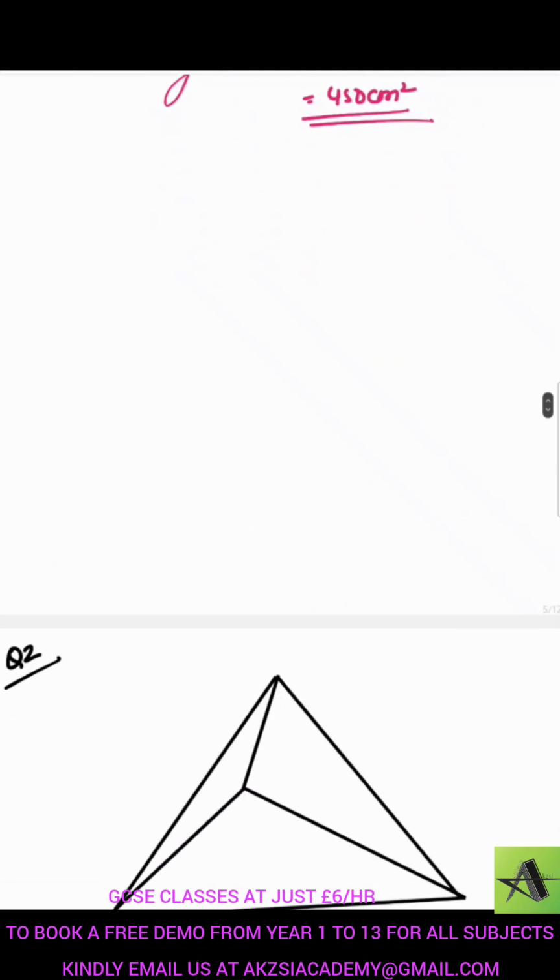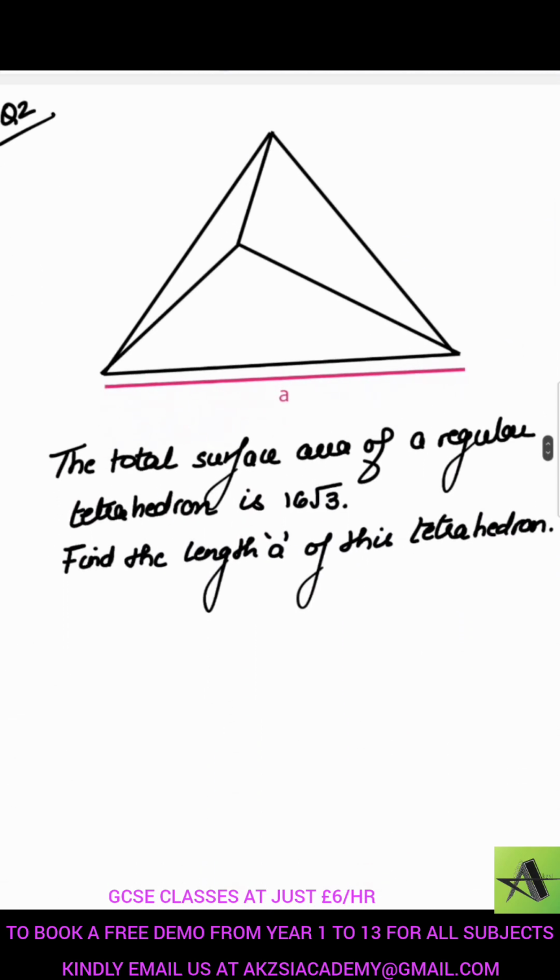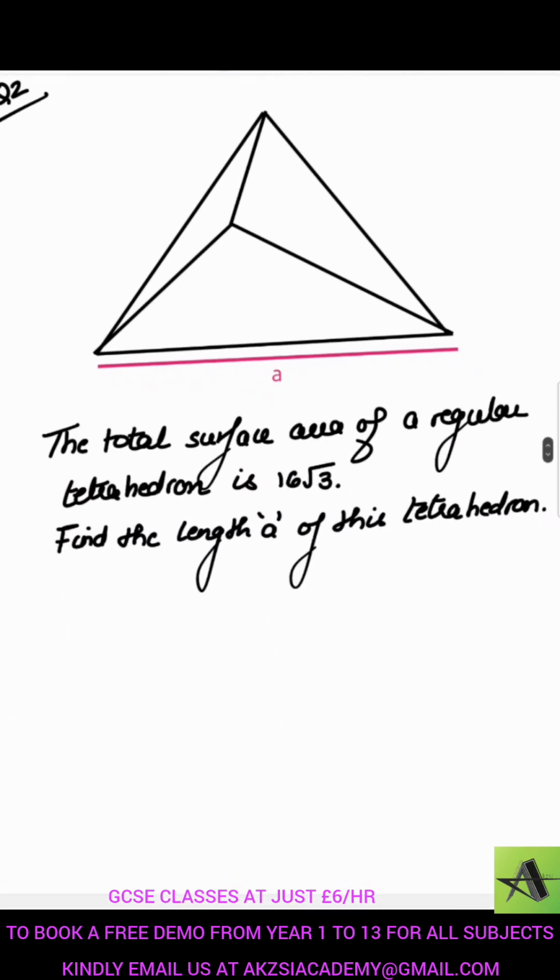Moving on to the next question. It's given as the total surface area of a regular tetrahedron is 16 root 3 centimeters squared. First of all, the most important thing is you should know what a tetrahedron is. A tetrahedron is also a pyramid having the base as a triangle. You can clearly see it has 4 surfaces.